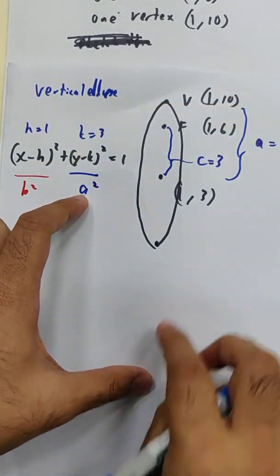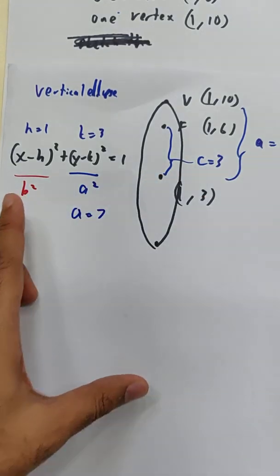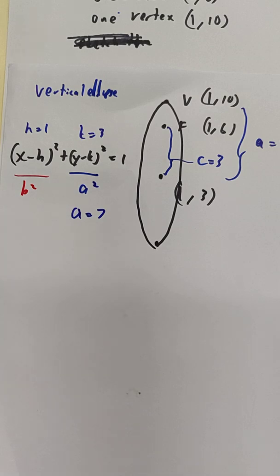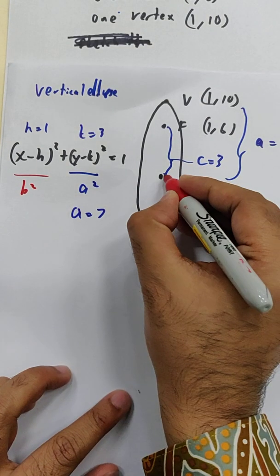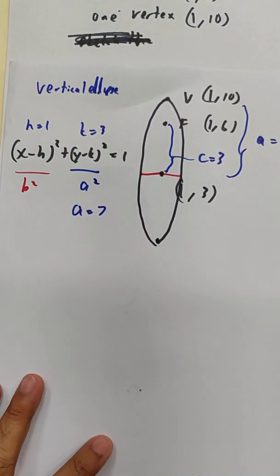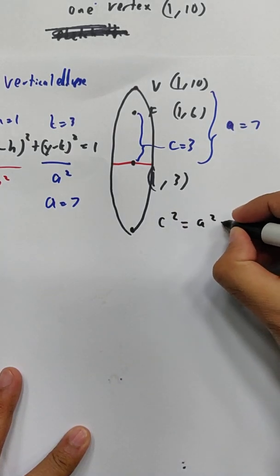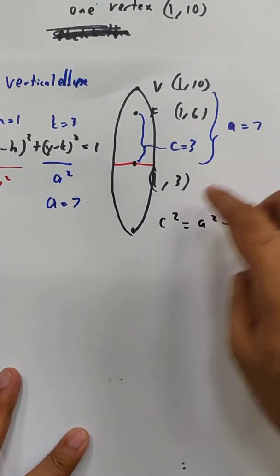Do I know my A? Yes, A is 7. Do I know my B? I have no idea yet. So how are we going to find B? We do not know any vertex over there. Very good. C squared equals A squared minus B squared. Do I know C?